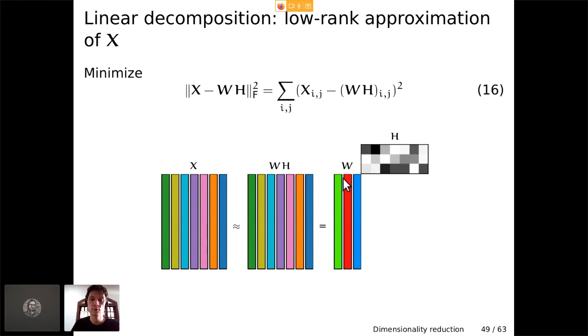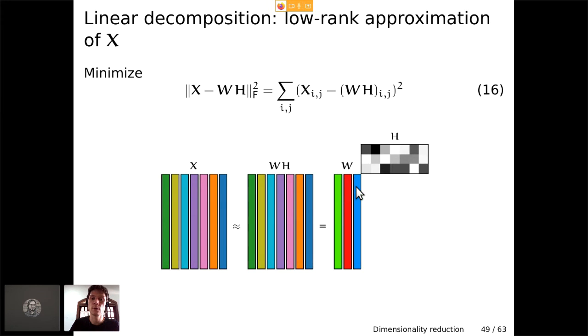So I'm trying to find a few vectors in the same space as the columns of X in which I will represent Y by computing its coordinates in this basis. But instead of having the same number as in X, I just have a few. So I'm trying to approximate X as a linear mixture of just a few well-chosen columns.